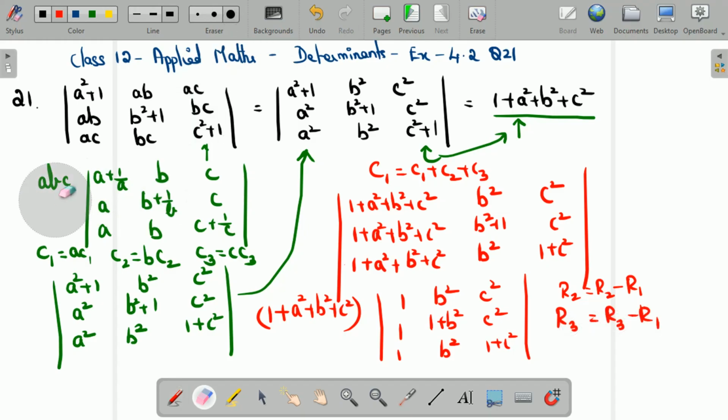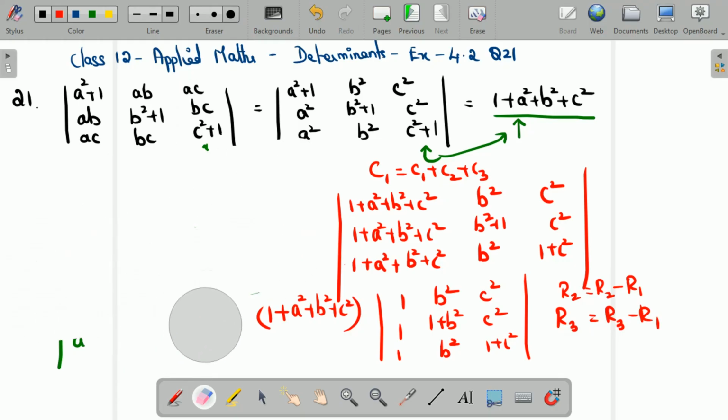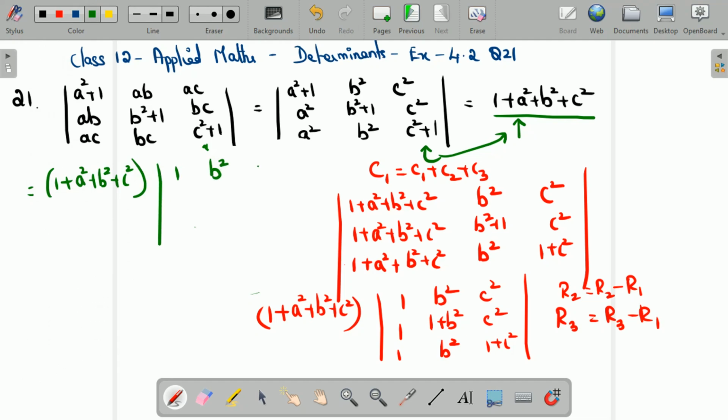Now let's make the transformation and see what happens to the value of this determinant. It will be equal to 1 plus A square plus B square plus C square into the determinant whose first row will remain as such: 1, B square, C square. For the second row, it is second row minus first row. 1 minus 1 is 0. 1 plus B square minus B square is 1.